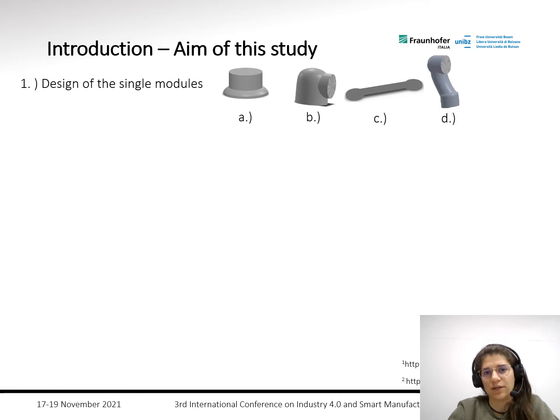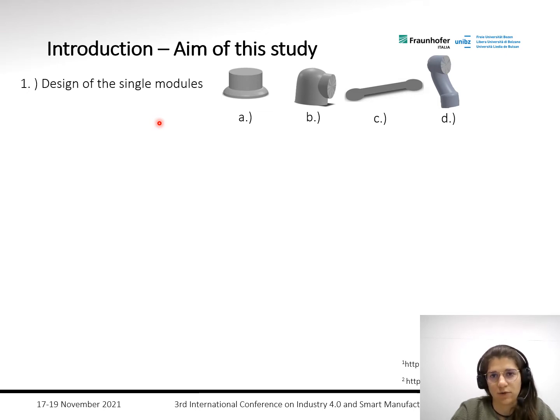Starting from these main disadvantages, we have tried to develop an approach that helps the user in reducing the time necessary for the modular robot reconfiguration and the programming skills that are required. We start our approach by designing the single modules we would like to have in a CAD software.